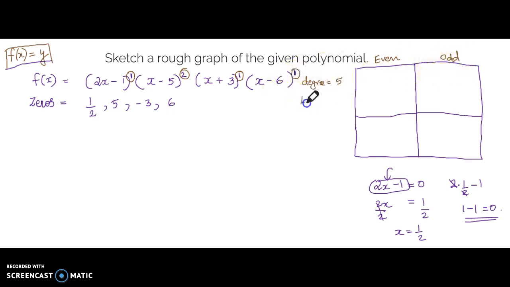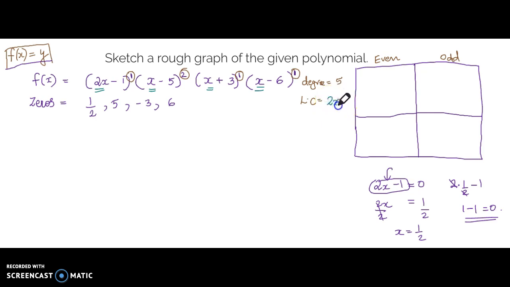Now, you should also look at the leading coefficient. The leading coefficient means the product of the first coefficients here. So if you multiply 2x times x times x times x, 2x times x is 2x squared, times x is 2x cubed, times x is 2x to the 4th power.